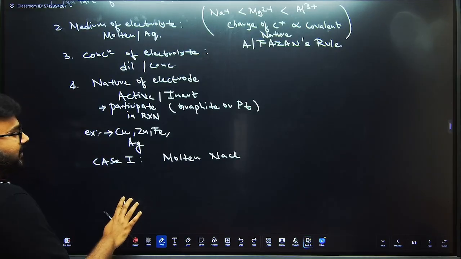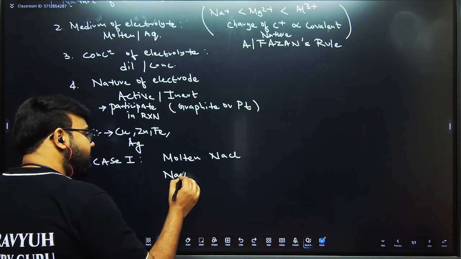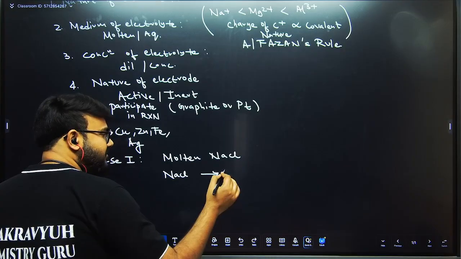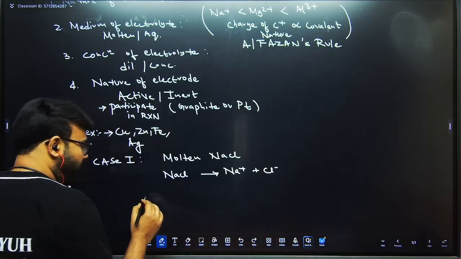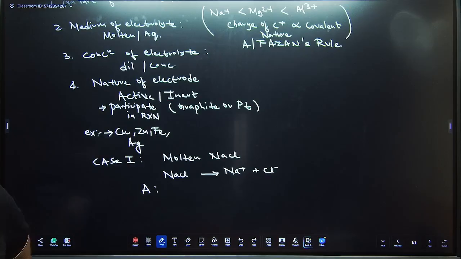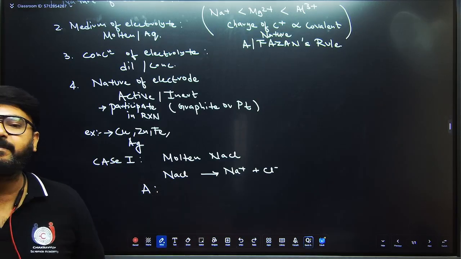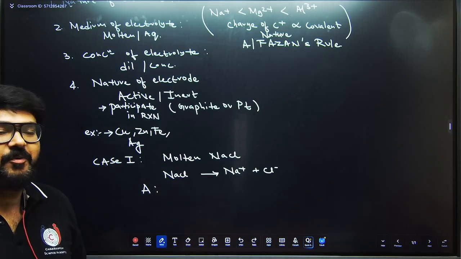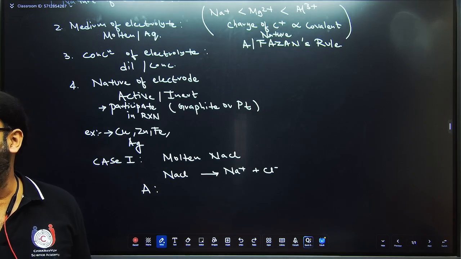Now, molten NaCl, guys. How will they dissociate? Na plus and Cl minus. Now, which reaction do we write first? Who will go to the anode, Na plus or Cl minus? What did I tell you about anode? Positive anode, oxidation.